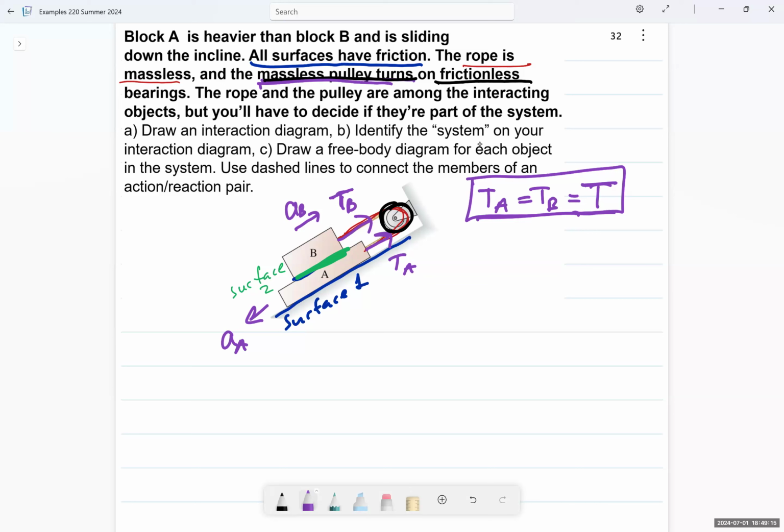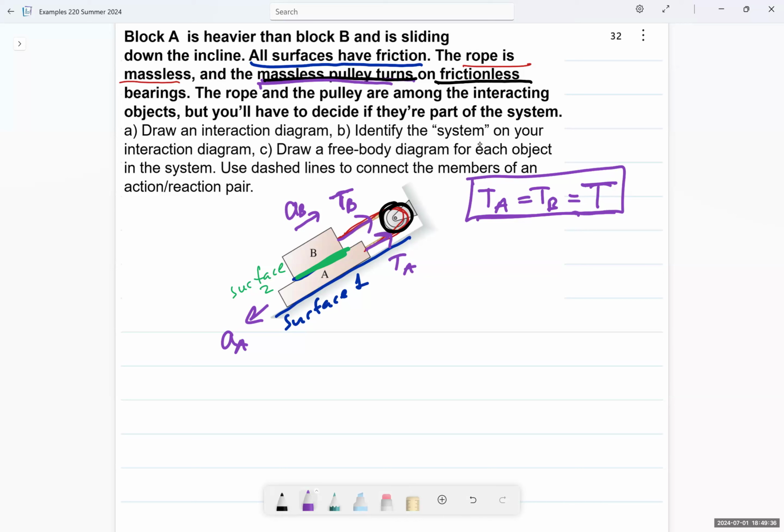Okay. Now, for the interaction diagram, generally what we want to do is look at what is my system, and which forces are internal and which forces are external.